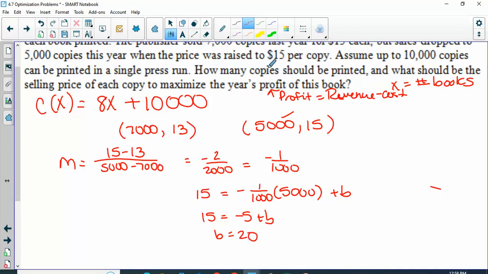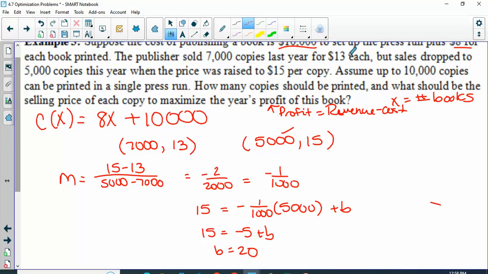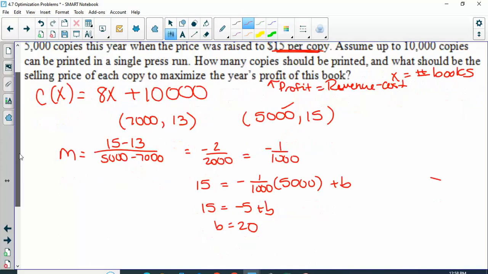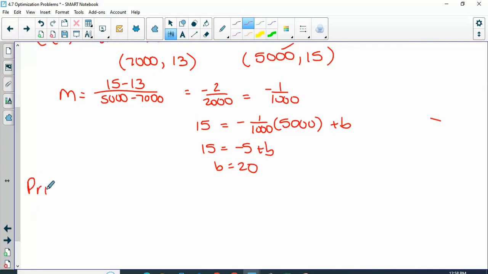Alright, the 13 and the 15, those weren't the revenue, those were the price we are charging for our books, right? So what we have right now is our price equation. We usually use a lowercase p, so our price is negative 1 over 1,000 x plus 20. All right, revenue is price times quantity.